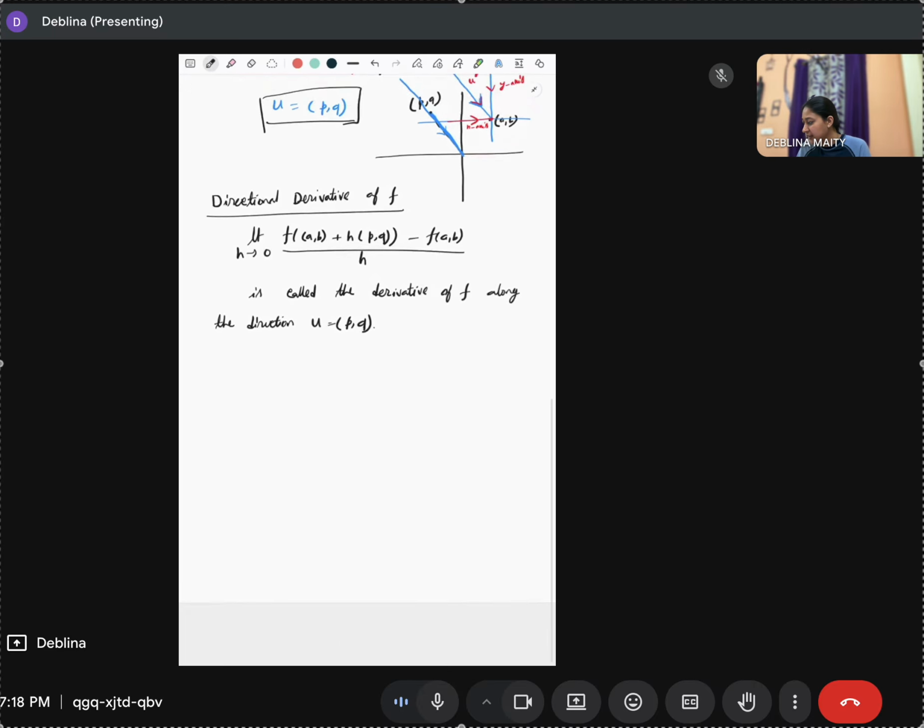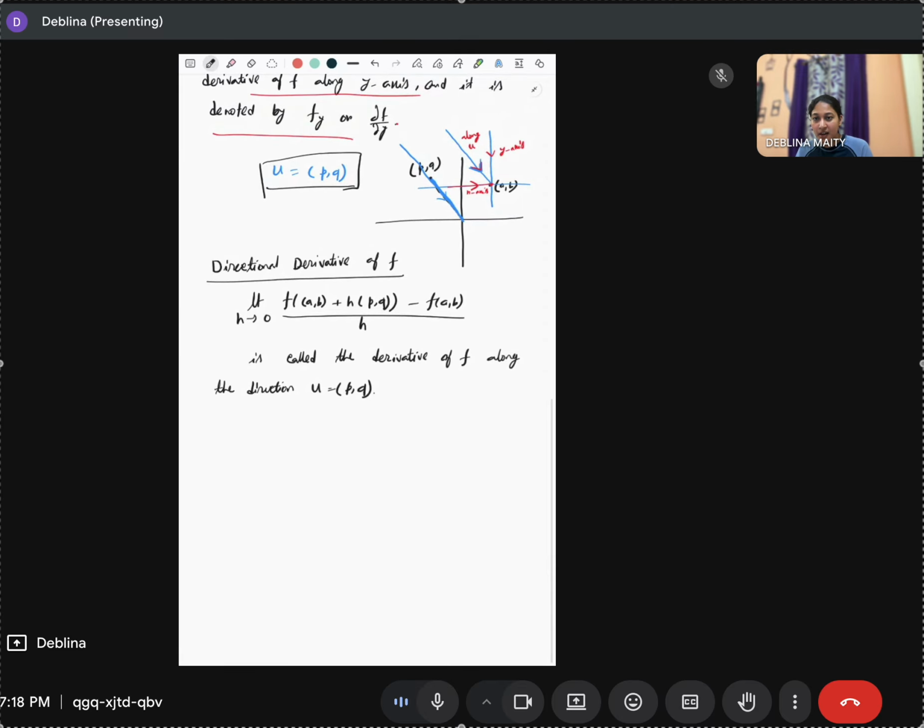Now if fx, fy, the partial derivatives, exist, then we can again do the higher derivatives, that is fxx and fxy, fyy, right? All those four terms. So if fx, fy exist, then we can go for the higher derivatives.